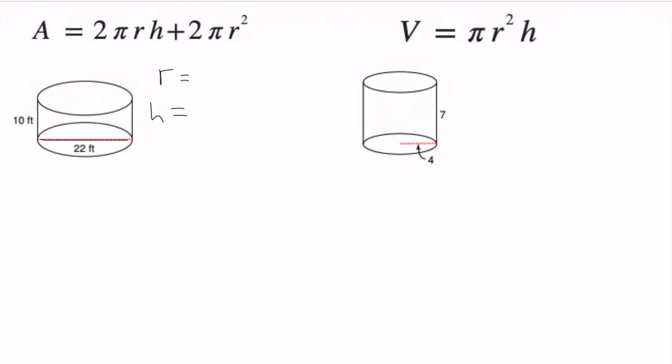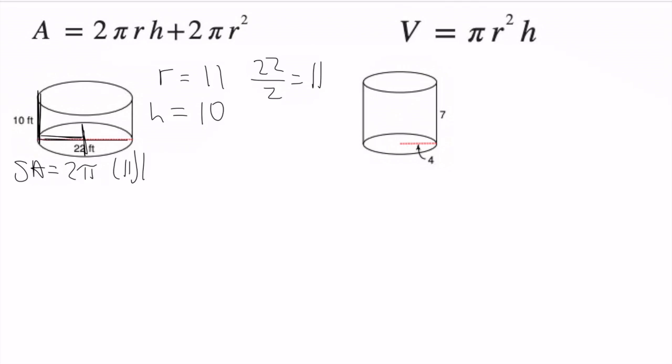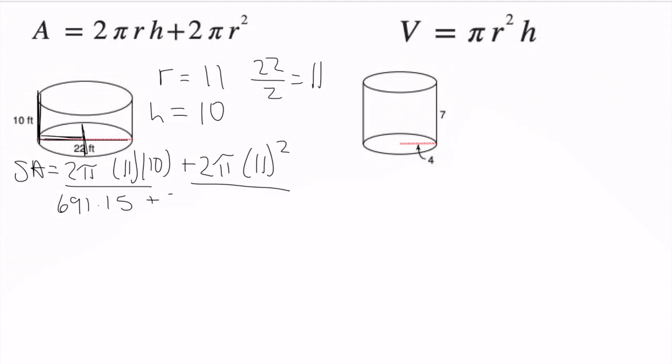So in these ones again, for radius, we have our height. So this has a diameter. We need half of that to give us our radius. So we're going to take 22 divided by 2, which gives us 11. So we have a radius of 11 and a height over here of 10. So our surface area equals 2 pi times 11 times 10 plus 2 pi times 11 squared. This right here will give us 691.15 plus this, which would be 760.27.